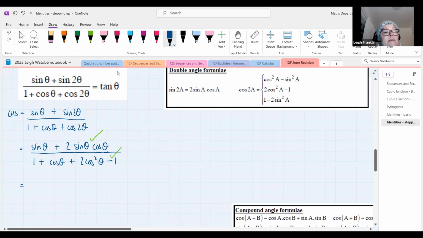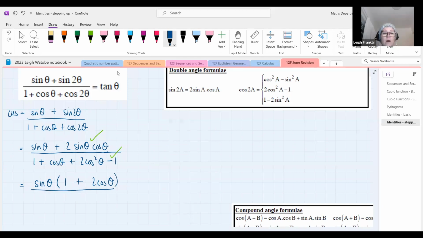We can see that now at the top, we can take out sine theta. Okay, so if I take out sine theta at the top, that's going to leave me with 1 plus 2 cos theta in brackets. Remember at the bottom, the ones are gone. I've just got cos theta plus 2 cos squared theta.